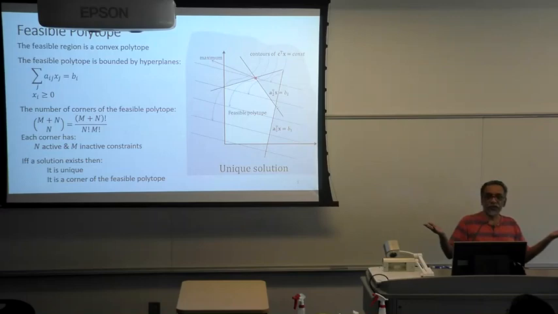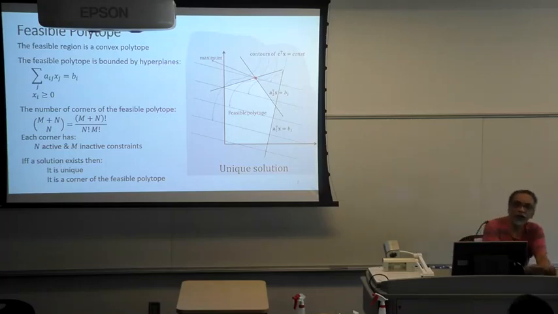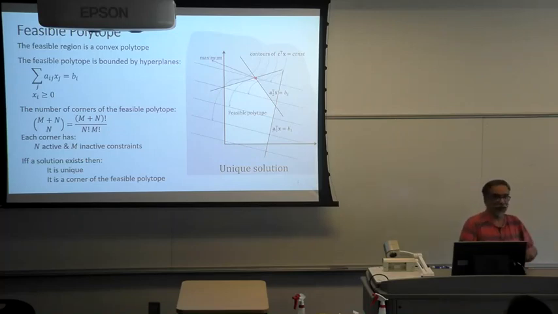In 3 dimensions, if you have 2 planes, the intersection would be a straight line. So you have to have 3 planes intersecting to define a point, correct?